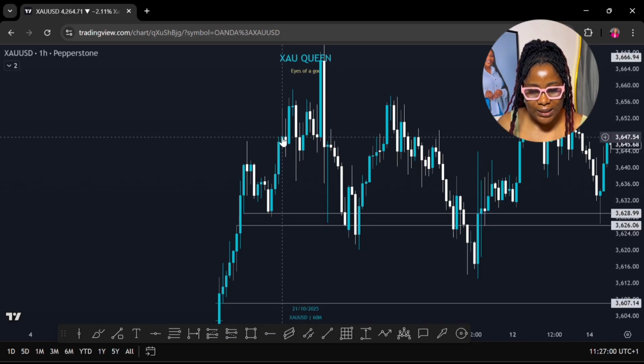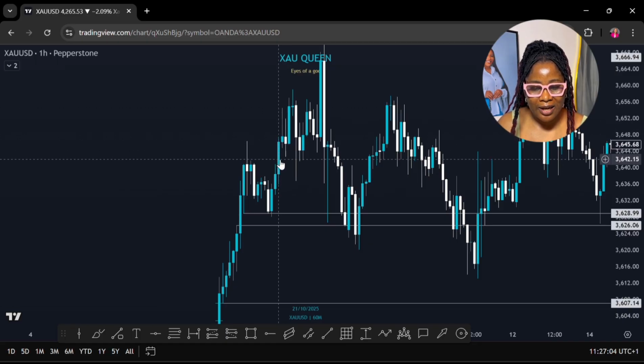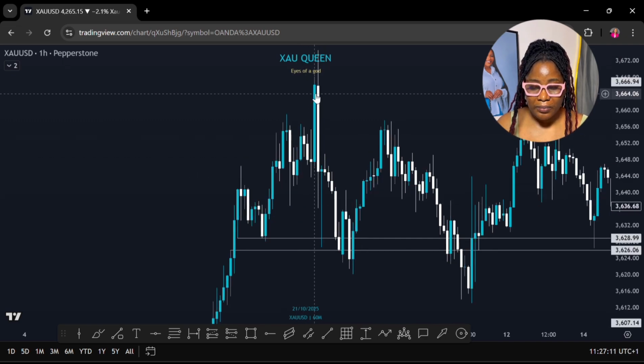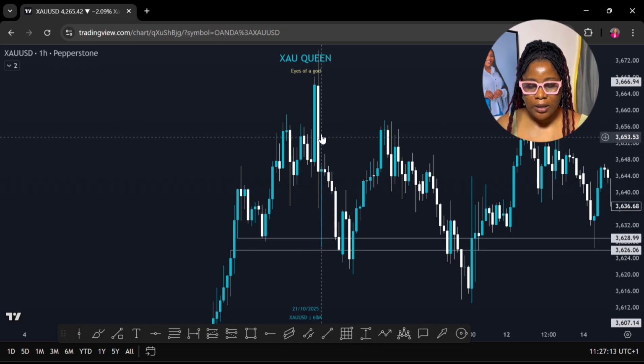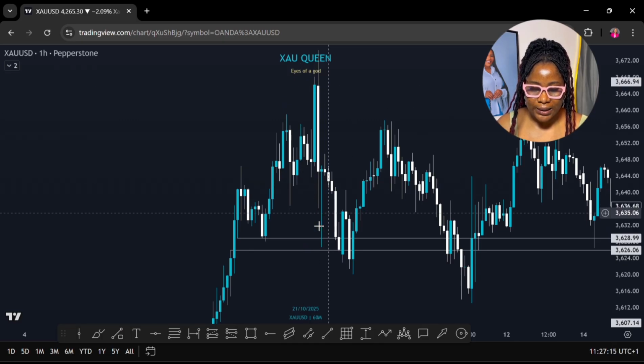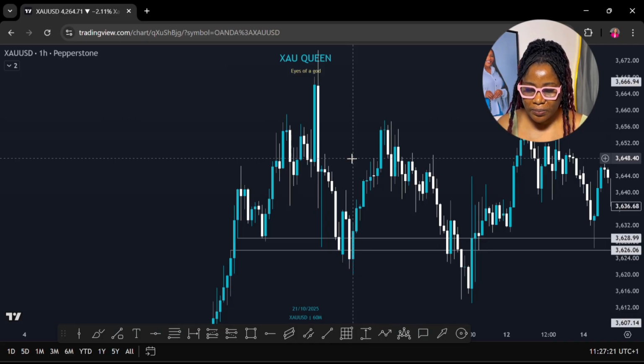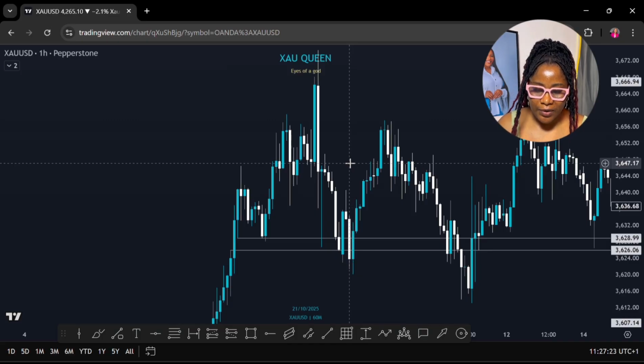Something like this, you can see the wick is bigger than the body. This right here is a valid fair value gap, and you can see price tapped into it and then bought before the dump started. So always be on the lookout for the breakaway gap and the valid fair value gap.